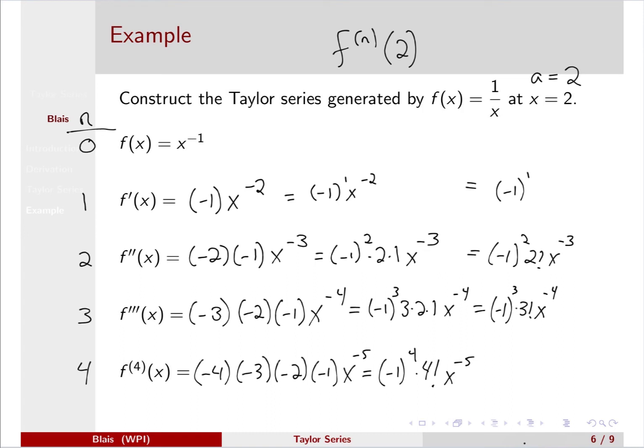And to try and again discern the pattern, we can put a 1 in here. 1 is equal to 1 factorial, so we have 1 factorial, x to the minus 2. And up here, we have a positive 1, so we could think of that as minus 1 to the 0. And remember, 0 factorial is 1, x to the minus 1. And so we now see our pattern.